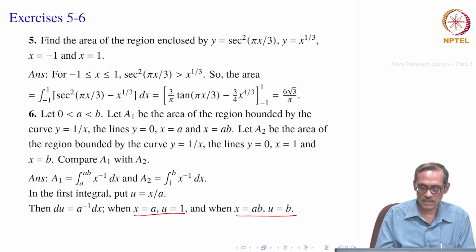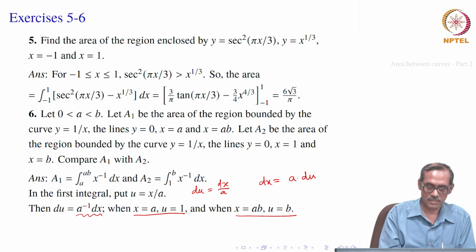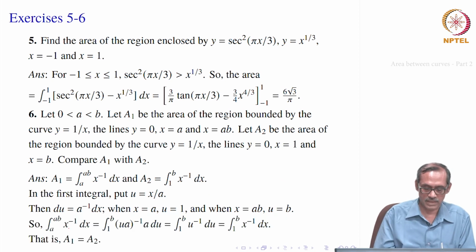You find that du equal to dx by a, or you can write dx equal to a times du. Okay, so using that we get x inverse dx equal to (u a) to the power minus 1 and dx is a times du.